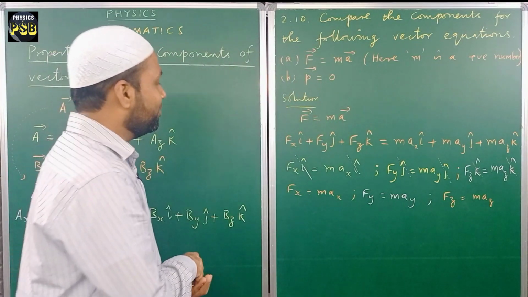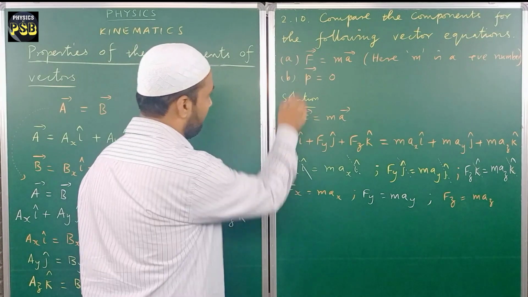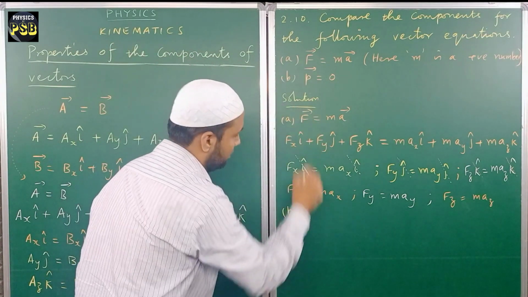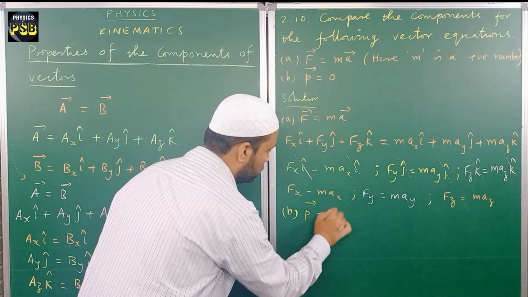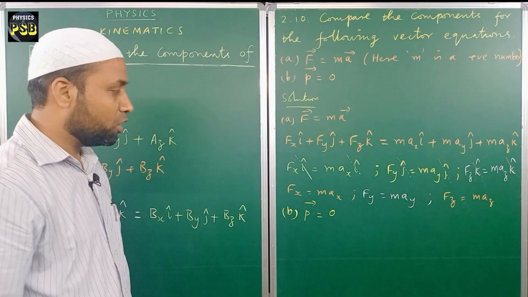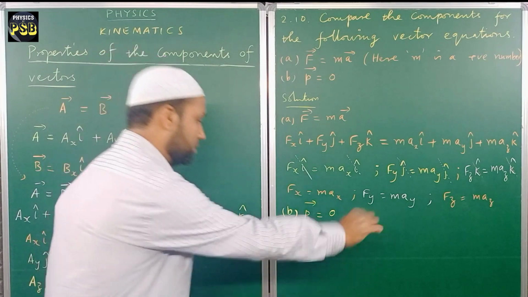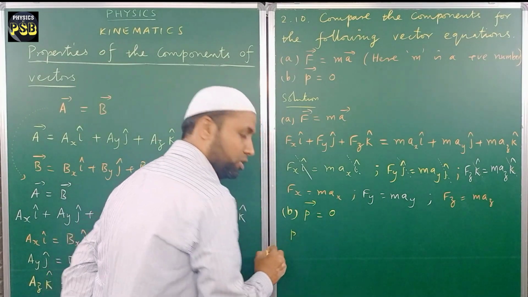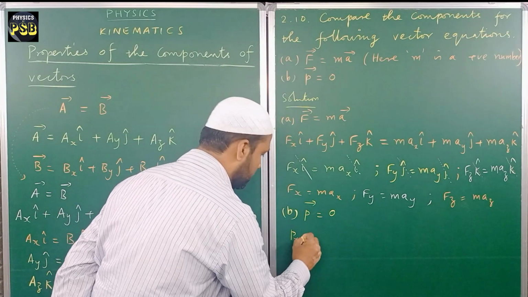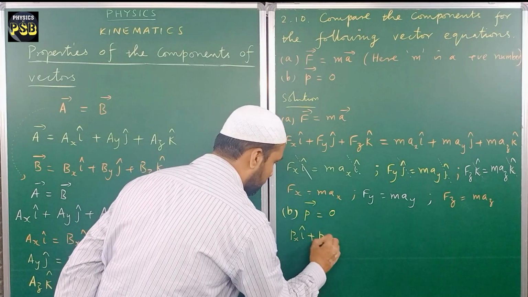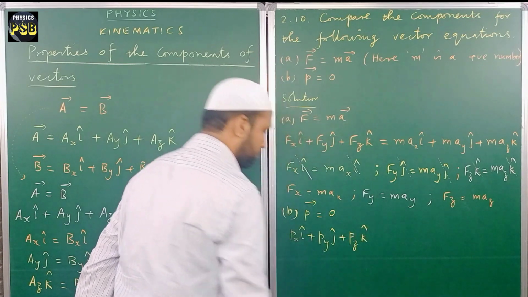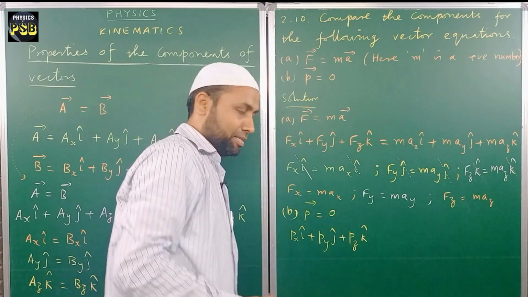I'll go for the next example. So P vector equals 0. Now I'm going to resolve this into its components. So P vector is resolved into Px i cap, Py j cap, and Pz k cap along the x, y, and z axes.